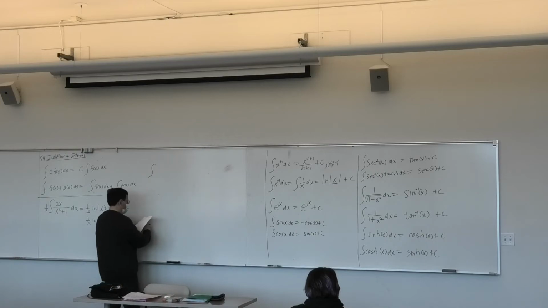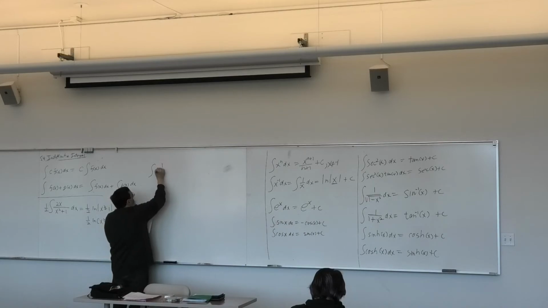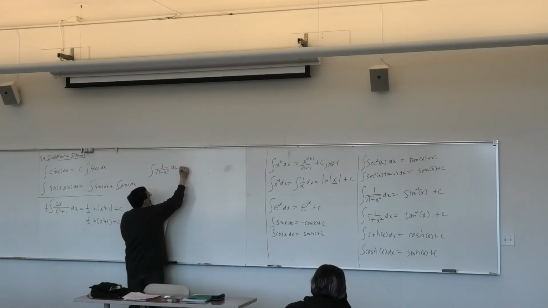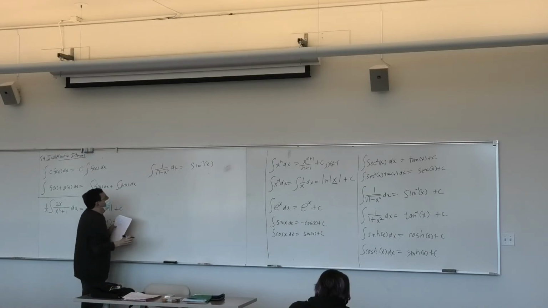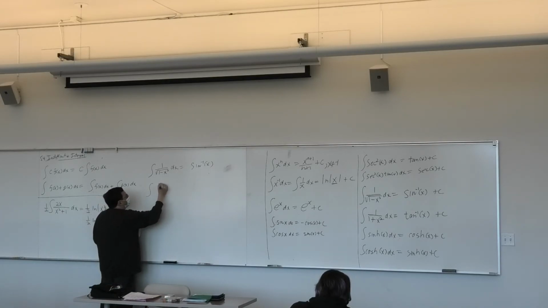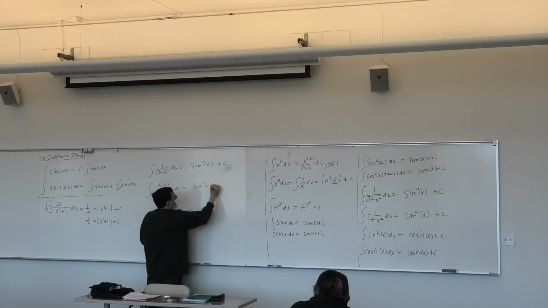Another pattern we can make use of is, since we know that the integral of 1 over the square root of 1 minus x squared is the inverse sine, if we were to find something that looks like this, f prime of x over the square root of 1 minus f of x squared dx, you can see that's going to be the inverse sine of f of x.